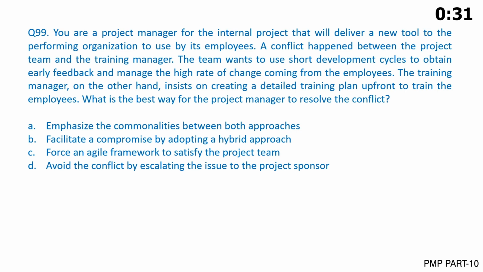What is the best way for the project manager to resolve the conflict? A. Emphasize the commonalities between both approaches. B. Facilitate a compromise by adopting a hybrid approach. C. Force an Agile framework to satisfy the project team. D. Avoid the conflict by escalating the issue to the project sponsor.